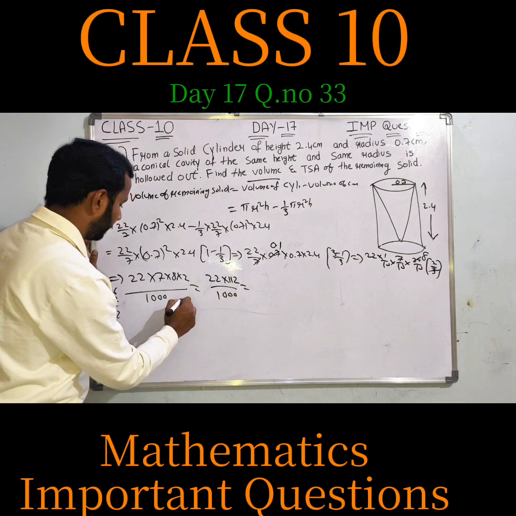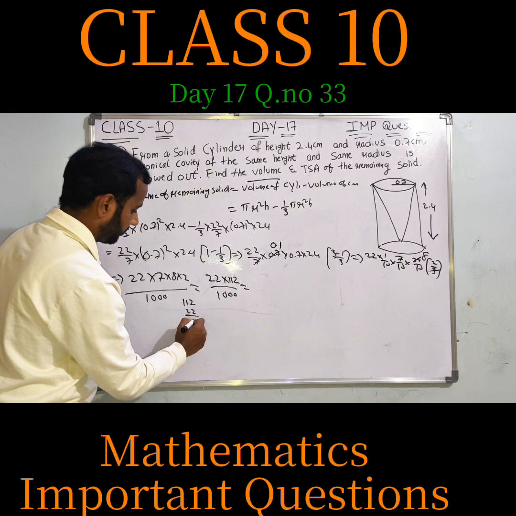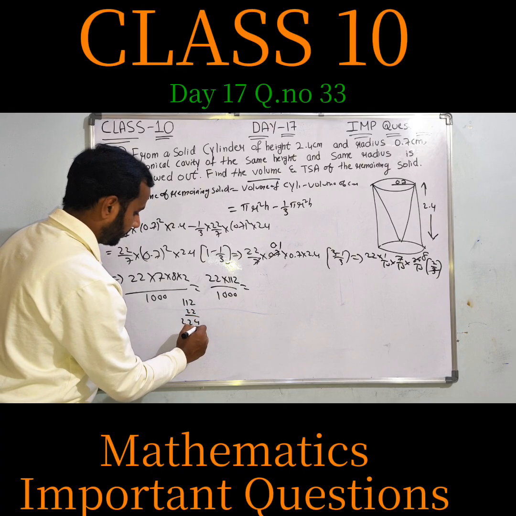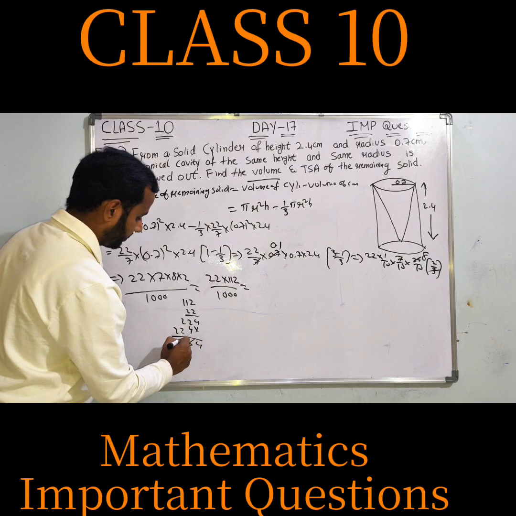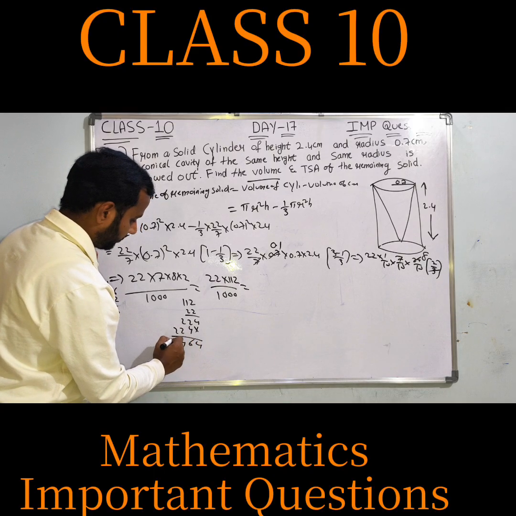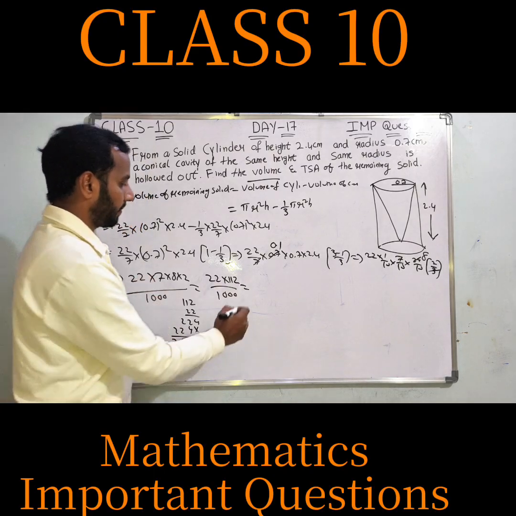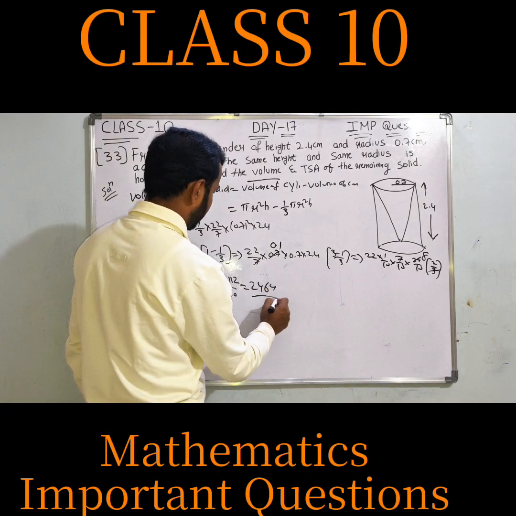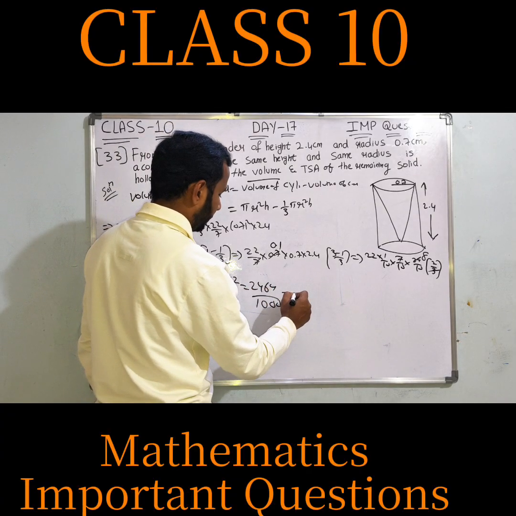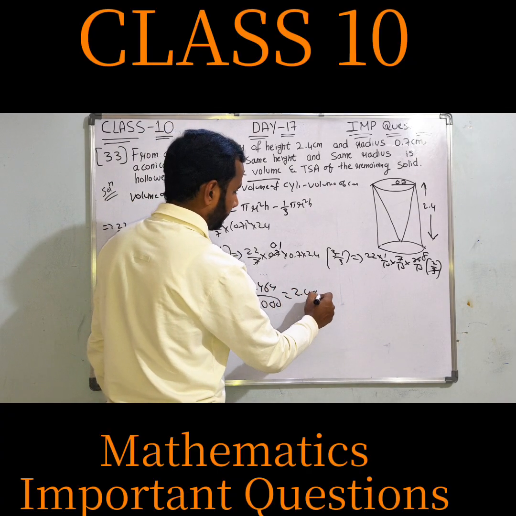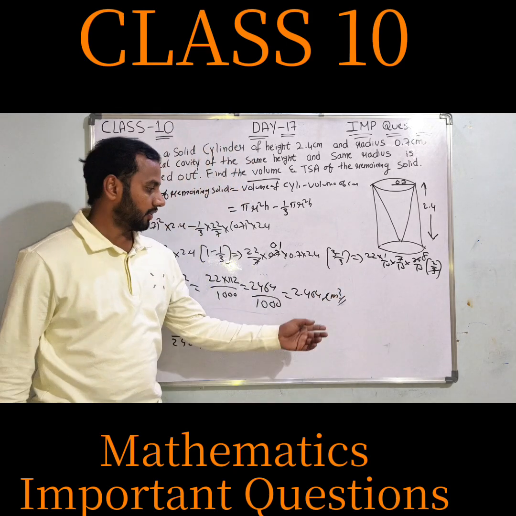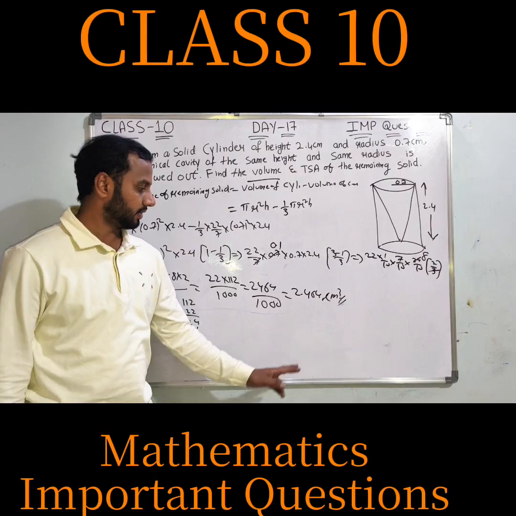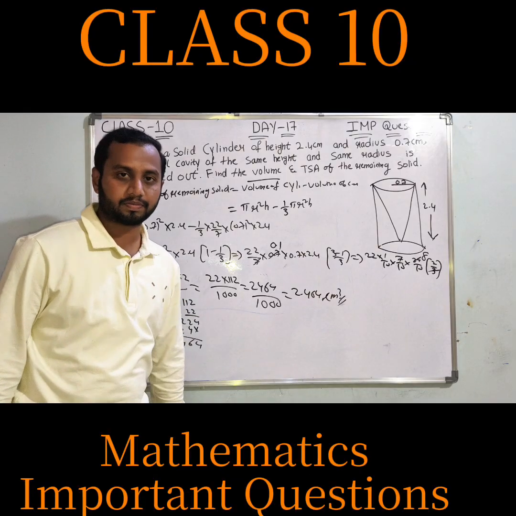Now 112 into 22: 2 twos are 4, 2 ones are 2, plus 2 fours are 4, 2, 2. We got 2464 divided by 1000. Then it will be 2.464 centimeter cube. Unit will be in terms of cube. So 2.464 centimeter cube.